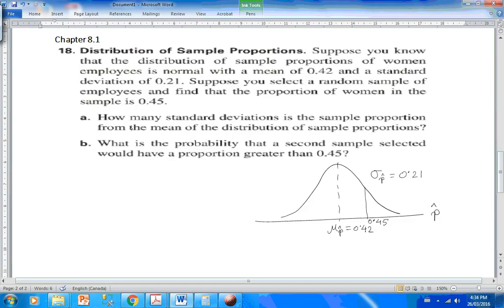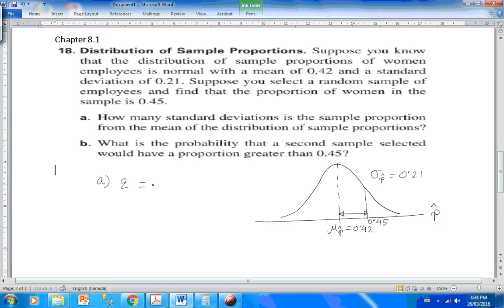And part A is asking us how many standard deviations the sample proportion is from the mean of the distribution of all proportions. In other words, we need to find this distance in terms of how many standard deviations away it is from 0.42. So part A is simply asking us to find the z-value of this 0.45.